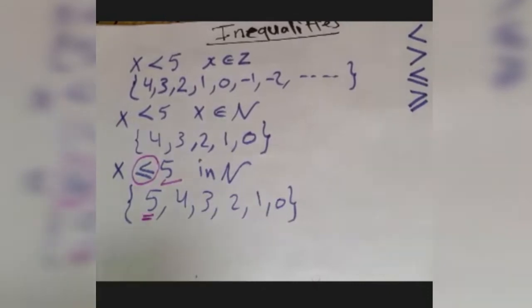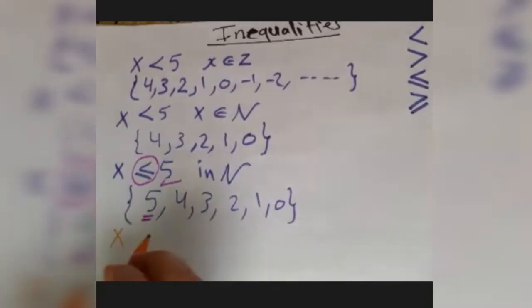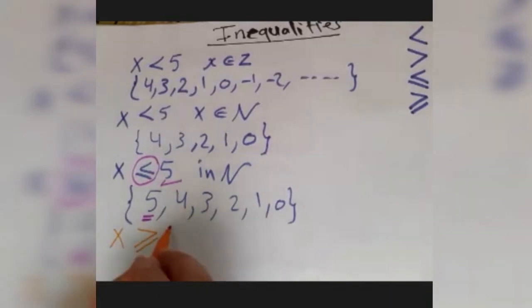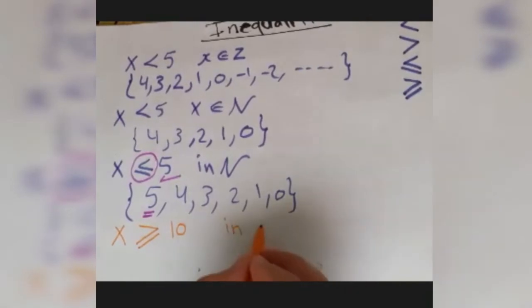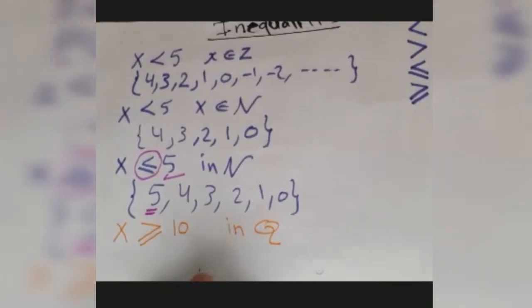Another example: x is greater than or equal 10 in Q. You know that Q is the rational numbers, which has whole numbers, positive numbers, negative numbers, and also fractions and decimals.